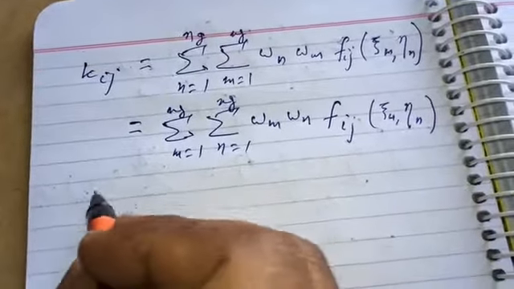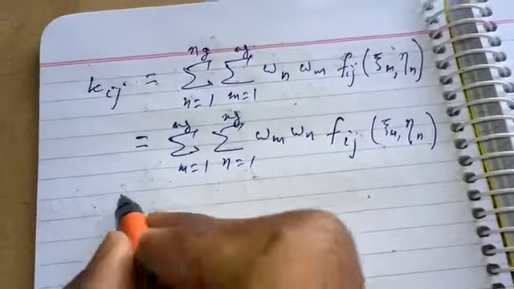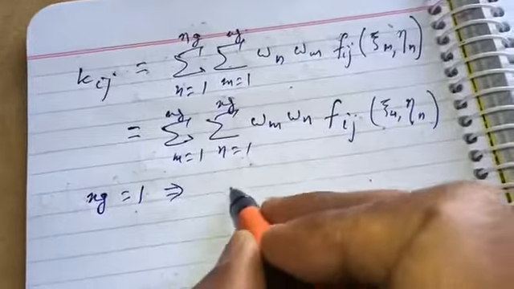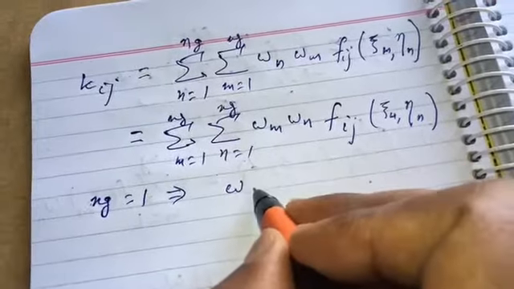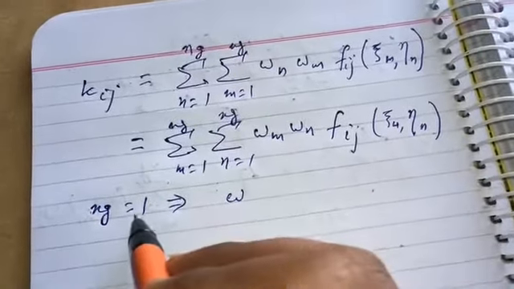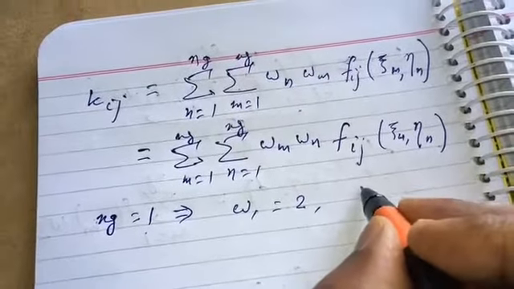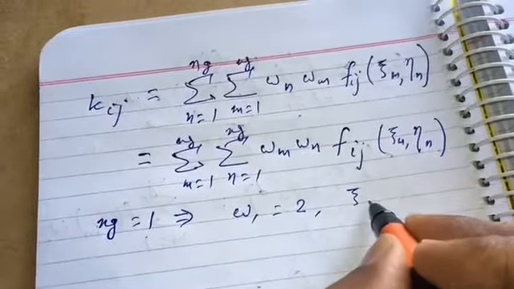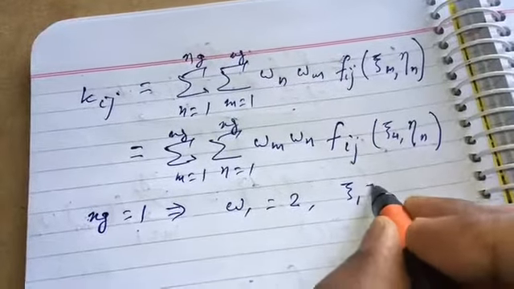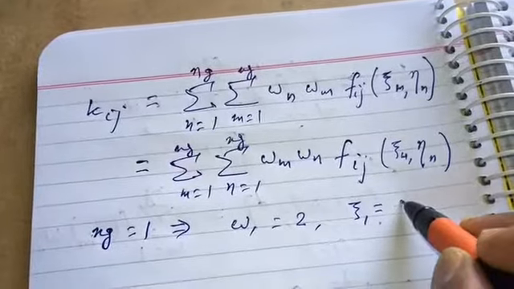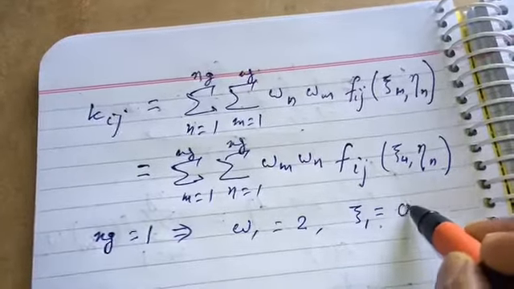Now, let us see some examples. Let us say n_g equal to 1. In that case we know that, as in the one dimensional case, w_1 equal to 2 and xi_1 is equal to 0.